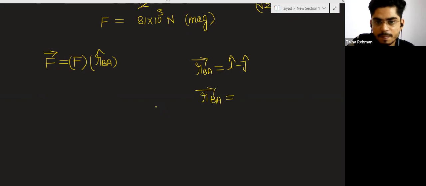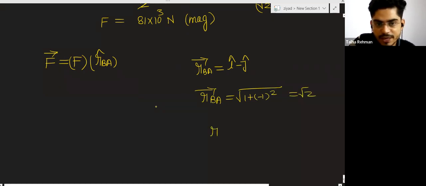That will become again 1 plus minus 1 square, it will become under root 2. Then you will get the unit vector of RBA as the RBA vector divided by the magnitude of RBA vector. So what is the RBA vector?